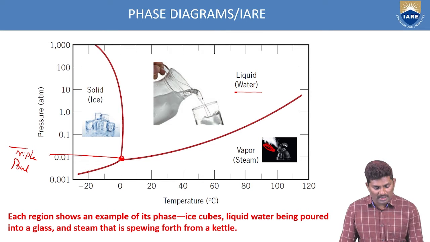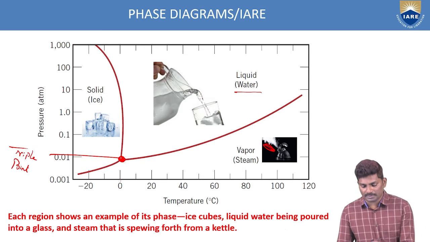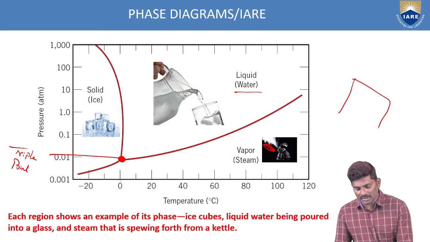So this point, if you observe it physically in a kettle, if you keep that ice and you heat it, what is happening? You have the solid particles in the form of ice, and at some point you will get liquid and you will get some vapors.